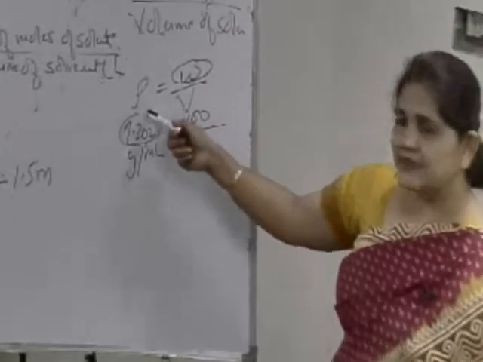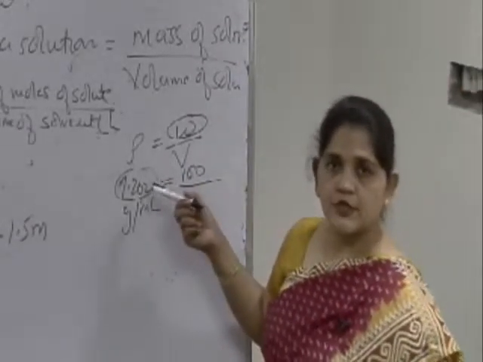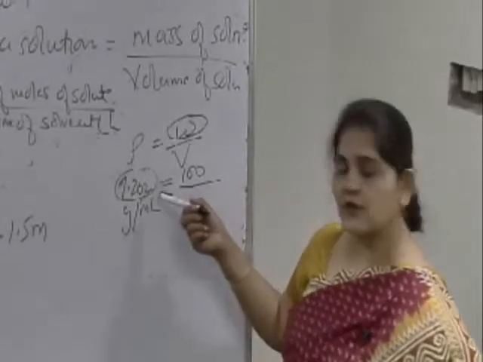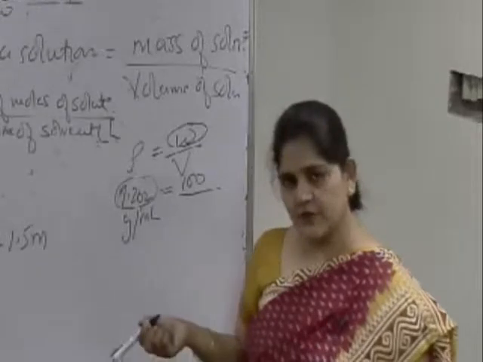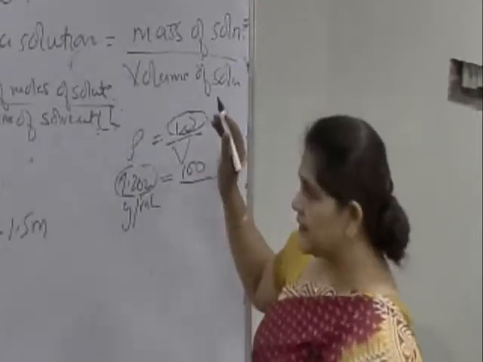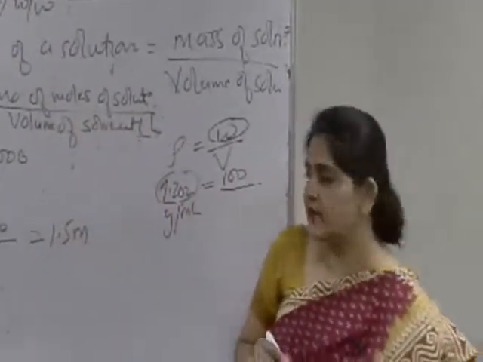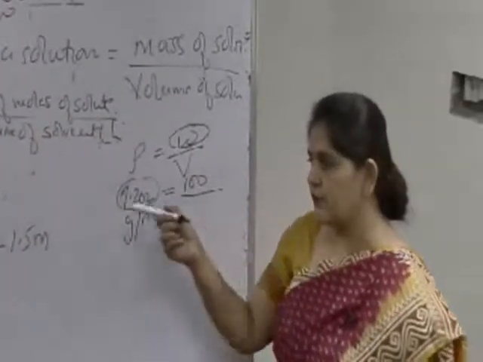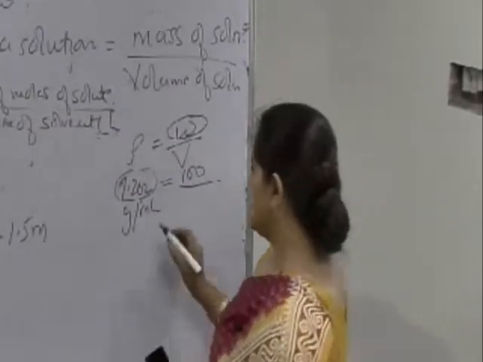Density is also given for the solution, not for the solute or the solvent. So by this formula you can calculate only the volume of the solution or the mass of the solution, whichever you want. In this case the mass of the solution is given as 100 gram, and you want volume for expressing the concentration in terms of molarity.